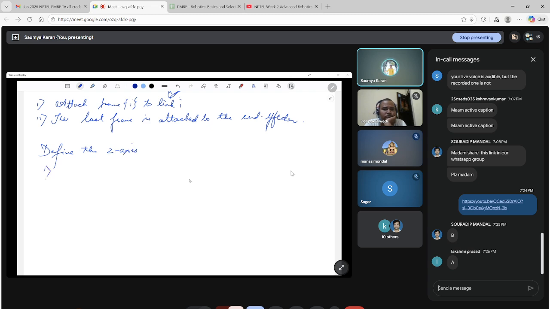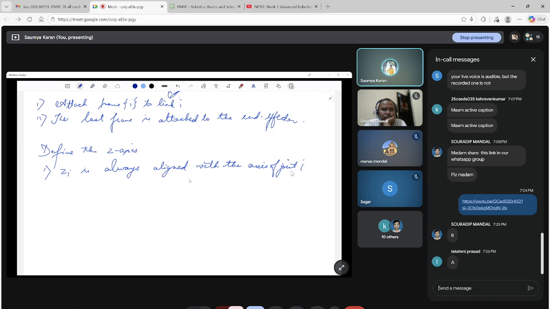And what do we do? zi is always aligned with the axis of joint I. This is non-negotiable. It works for both revolute and prismatic joints. For a revolute joint, it is the rotation axis.